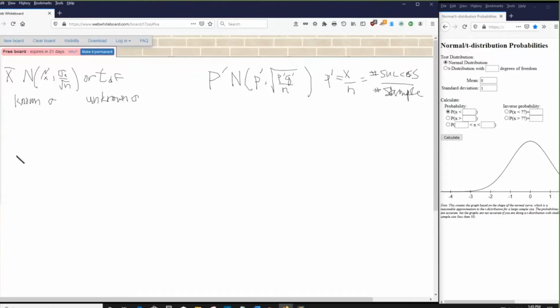So let's look at basically what they're even talking about here. What this is saying is that if we have some mean, and we think the sample mean is going to be, say, here, then we want to know what is the probability that if we do a bunch of tests our mean is going to fall within this range.